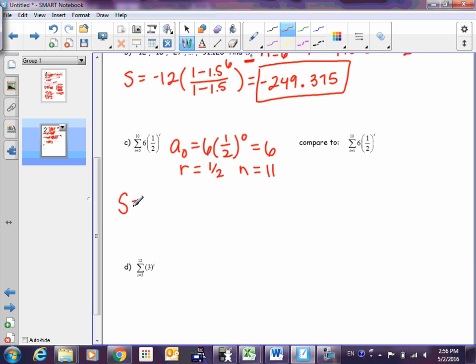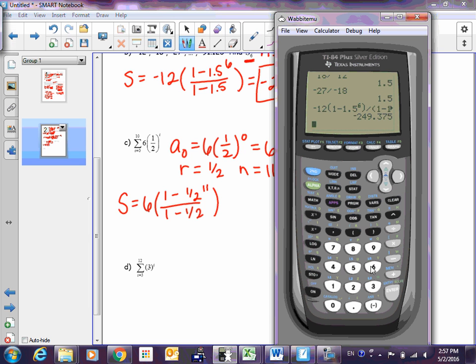So if I want to do the sum, I would take the first term of this series, which is 6. You always get that by plugging the number in for i. And then 1 minus, now this is going to prove interesting, this fraction. You could change it to 0.5, but I want to show you how you get around this in your calculator.